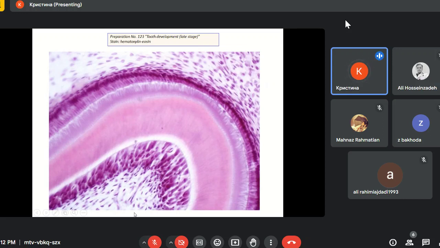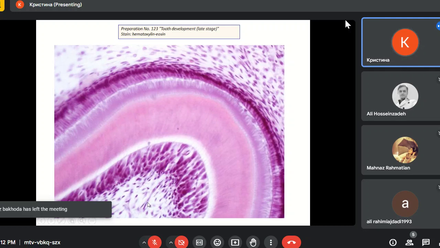The tip of the dental papilla, mesenchyme cells in the central part will make the loose connective tissue of the pulp of the tooth. Peripheral cells developed into odontoblasts, which are seen here. This is the pre-dentin, mineralized dentin, enameloblasts, and this is the forming cuticle of the tooth.